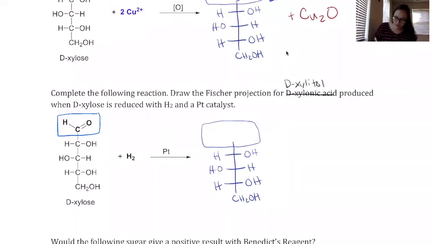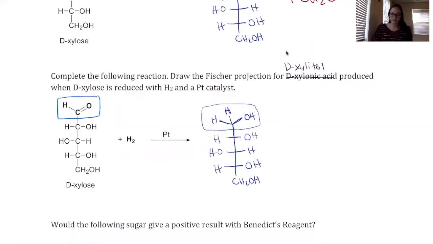And now we started with an aldehyde and we're reducing, so we go to our primary alcohol. And we can draw in both hydrogens that we have right there. So now we have an alcohol, and the name of this is then going to be D-xylitol, that sugar alcohol product.